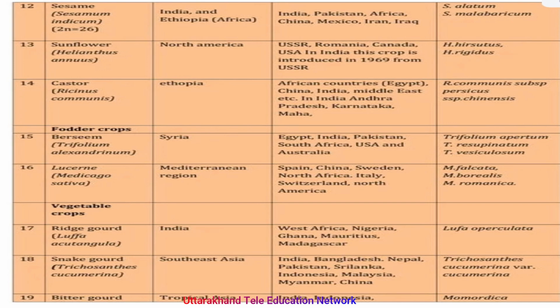And second one of the fodder crops is lucerne, and center of origin is Mediterranean region and widely distributed in Spain, China, Sweden, North Africa, Italy, Switzerland, North America, etc. Next one is vegetable crops.